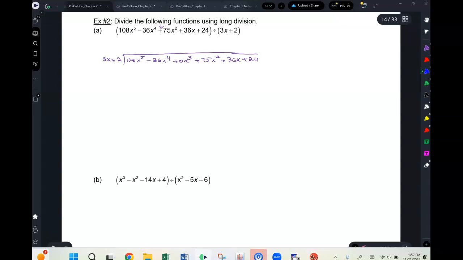Okay, so 108x to the 5 over 3x, what do we get? 36x to the 4. So 108x to the 5 minus 72x to the 4? Draw the line.